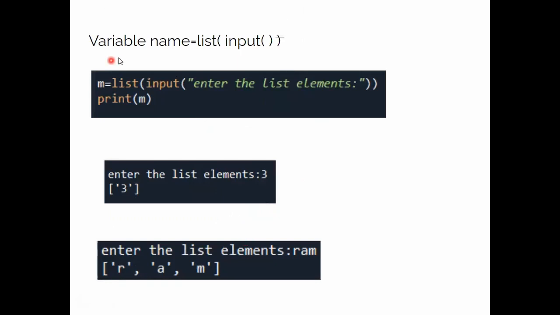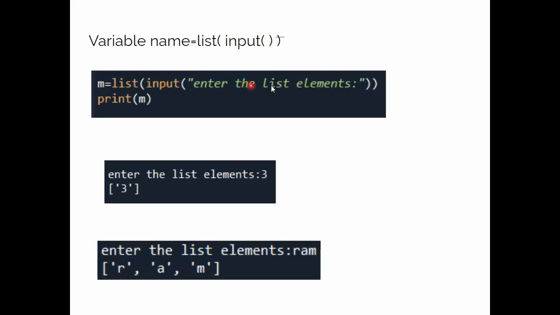Another way of creating a list is by using list and input with a string. So list takes input as a parameter, and input also takes a parameter. The use of the input function is to allow the user to determine what kind of data has to be inserted.